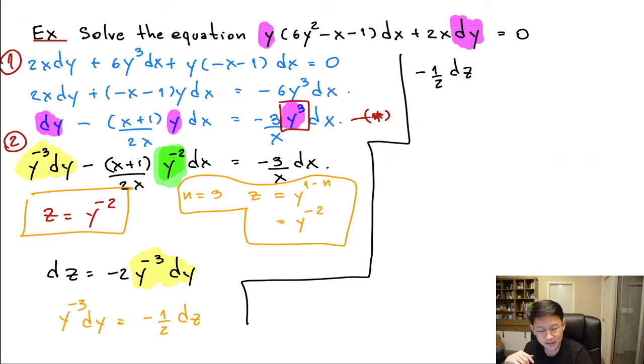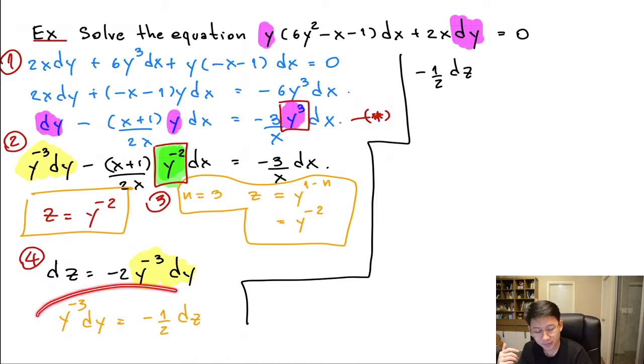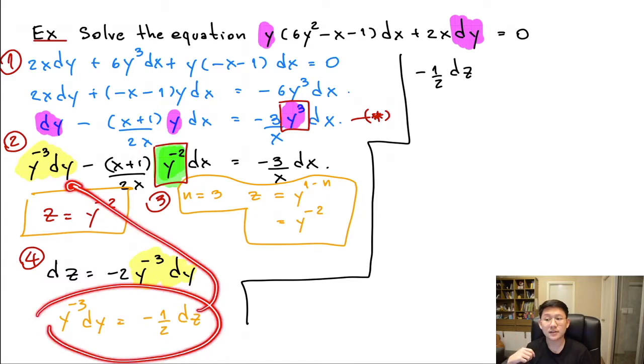And after that, third, you look at the thing in front of the dx, the second term, you want that to be z. Then you let z be this guy, and then you find dz. Fourth, you find dz, which means that you can substitute this as dz.